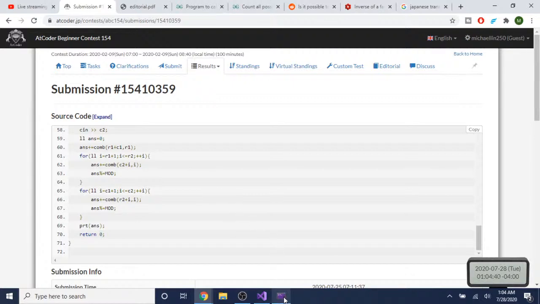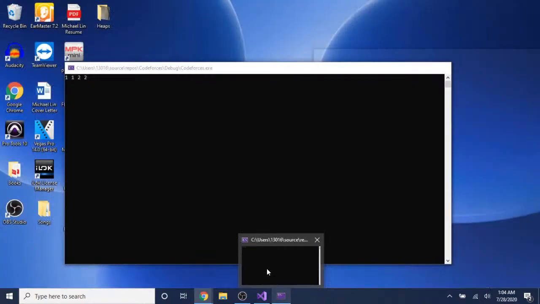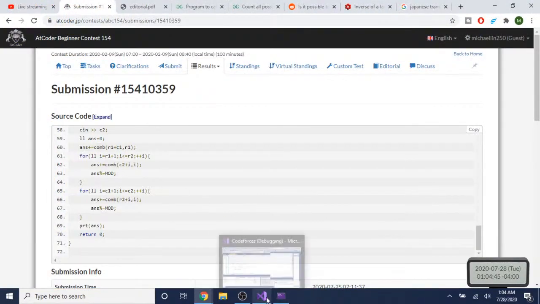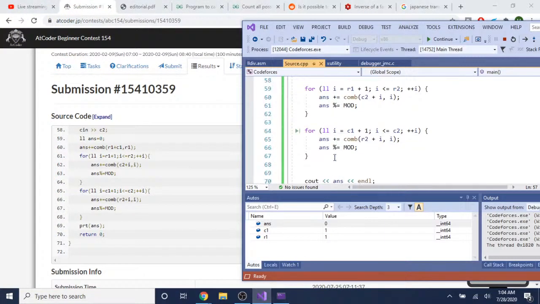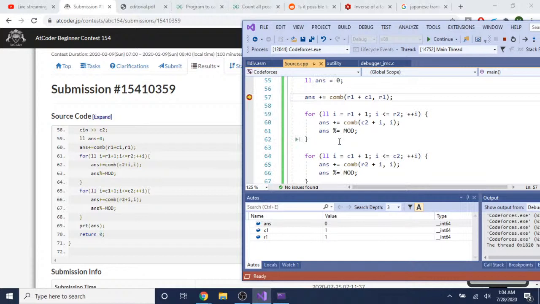R2 plus I, R2 plus I. C2 plus I, R2 plus I. C2 plus I, R2 plus I. C1 plus 1. C2, R1 plus 1.